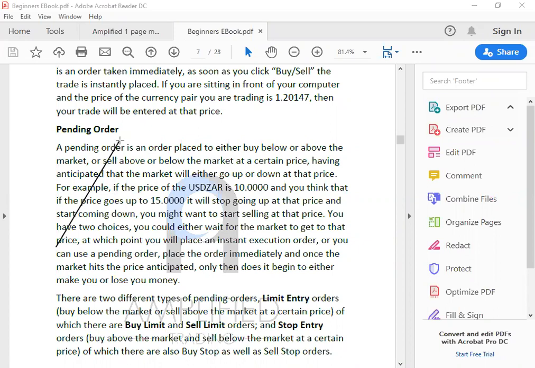Let's say the price rises up and we have, let me do a text over here, 14 Rand, 15, and we believe that the price might go to 16 Rand. So the US dollar to the Rand might be 14, and right now we're looking at it going to 16.